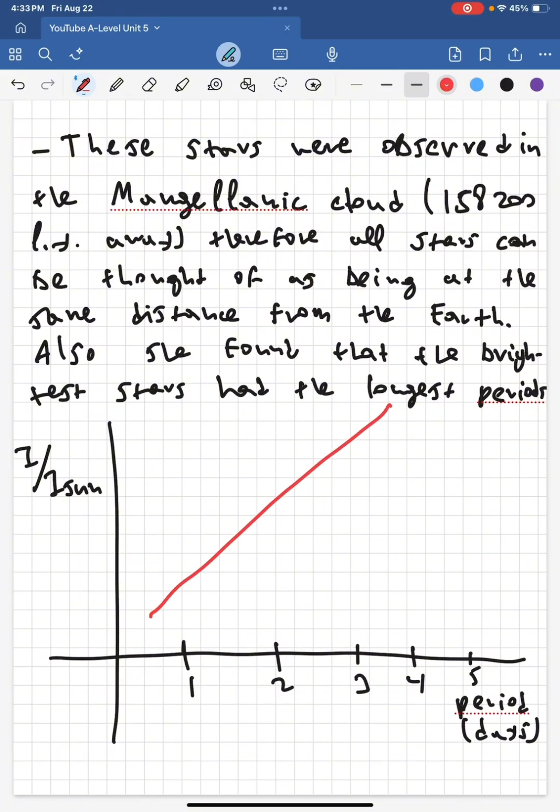Okay, so if this is say 1 and this is 10 to the minus 2 and this is 10 to the minus 4, then she established that, okay, if I find a variable star with a period of say 2 days, then, sorry, this is 10 to the 2, I'm sorry, this should be 10 to the 2. Okay, so if I find say a star with period of 2 days, I immediately know that its intensity is 5 times the intensity of the sun.